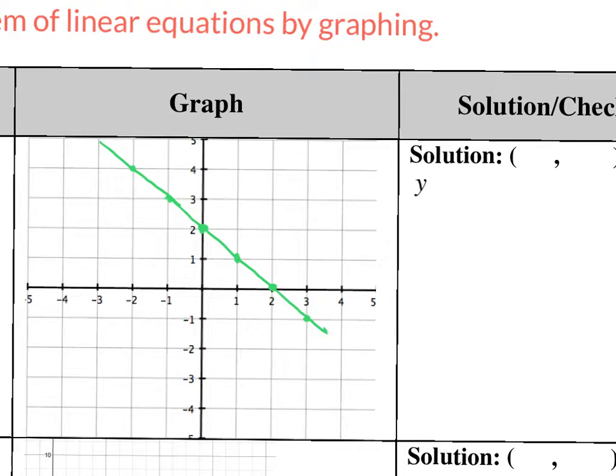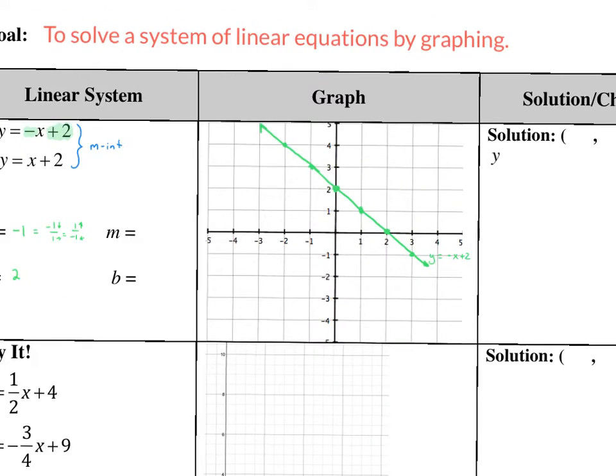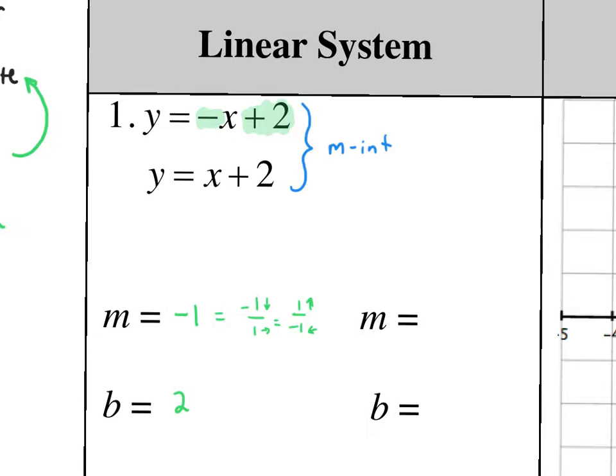All right, so we graph this, and I'm going to label this one with its whole name. Next, to graph this one, we need to see what our slope is. Our slope there is +1, and our y-intercept is also +2.